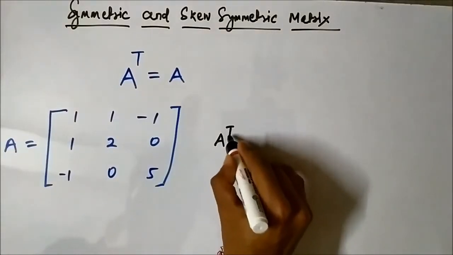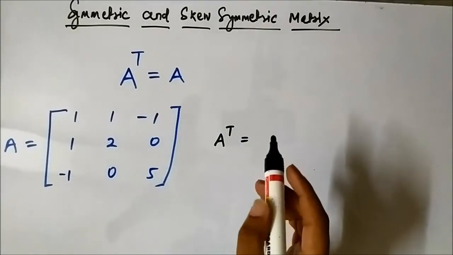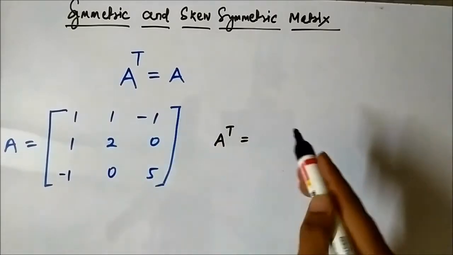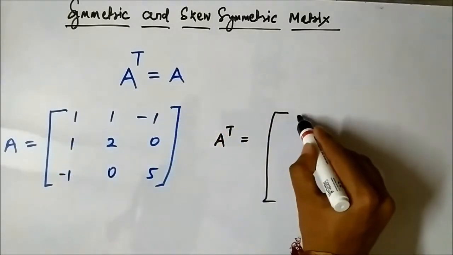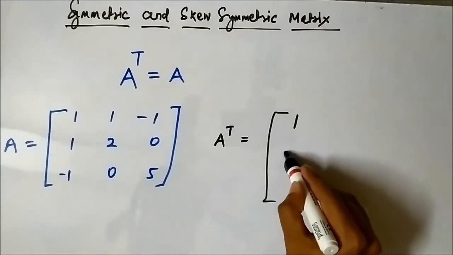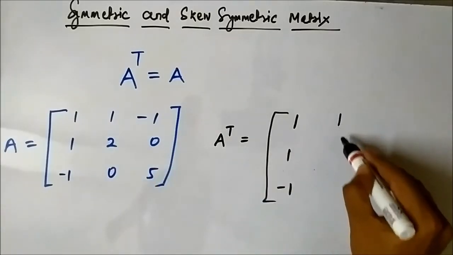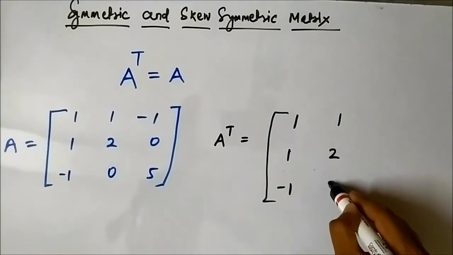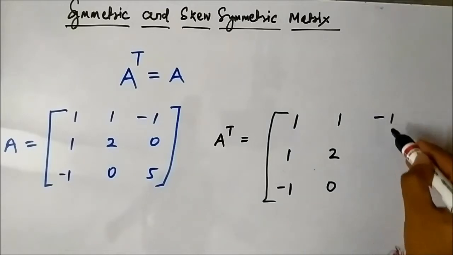How is the transpose calculated? We interchange the rows and the columns. The first row becomes the first column of the transpose matrix, the second row becomes the second column, and the third row becomes the third column.